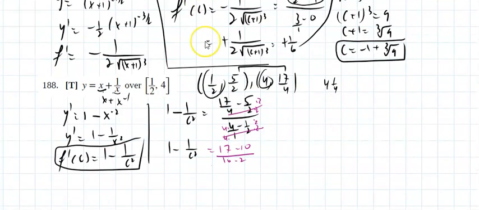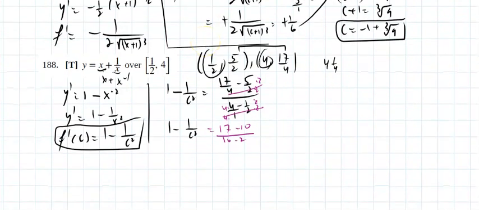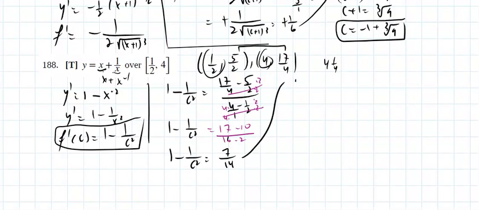So I'm looking at 1 minus 1 over c squared equaling 7 divided by 16 minus 2, 14. Seven over 14 is 1/2. Subtract that from both sides.